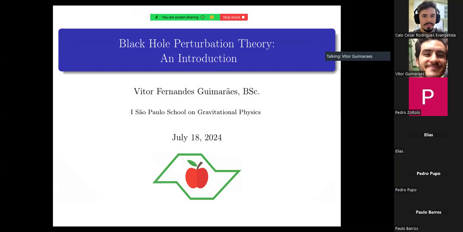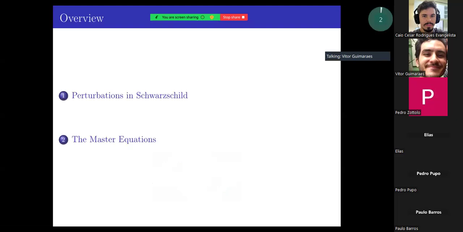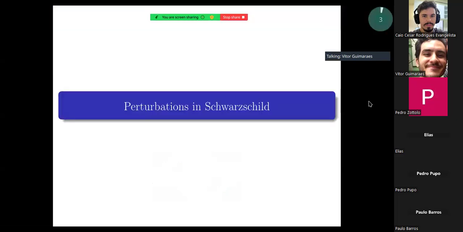We will trail the whole path to the master equations, and then find the master equations for the odd and the even perturbations tomorrow, okay? Which means really getting to the Regge-Wheeler and Zerilli equations, which are the main goal of this mini course. So let's go. Let's do this.